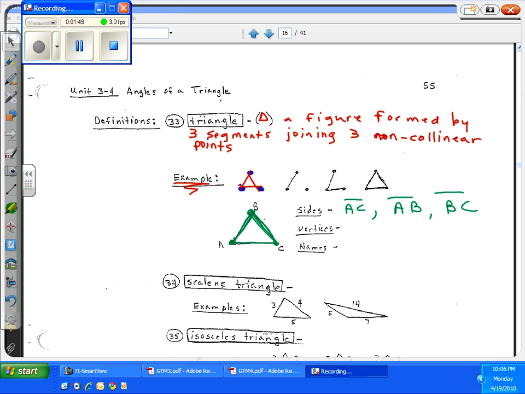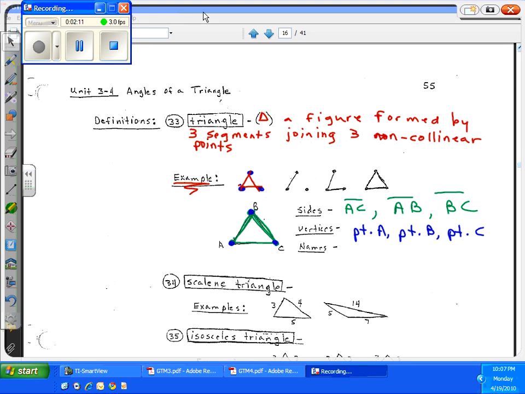On a prism, those are called edges. The three non-collinear points are called vertices. So the vertices are points. Point A, remember we name a point by a capital letter. Point B and point C.